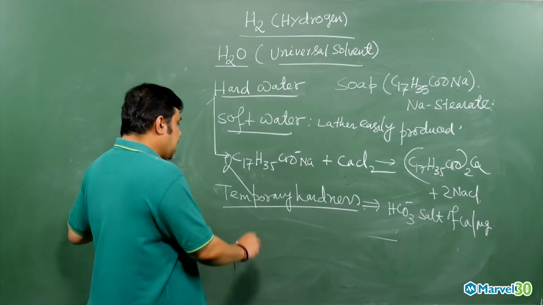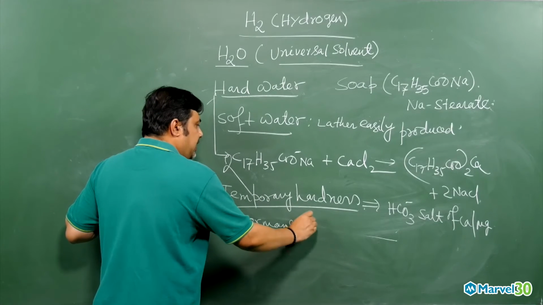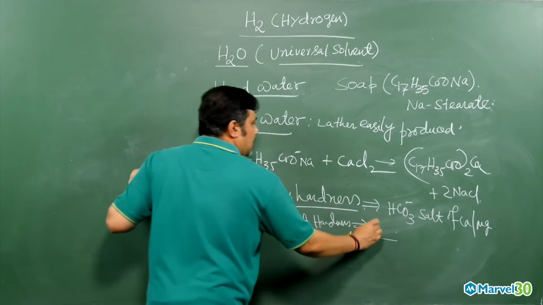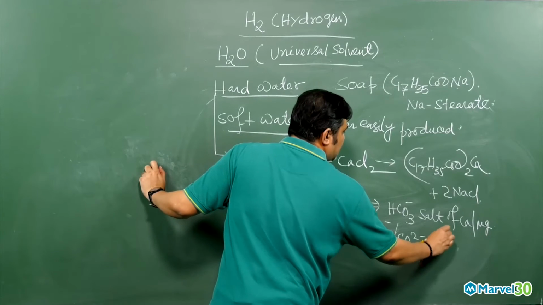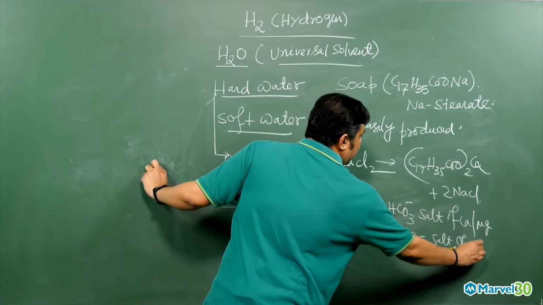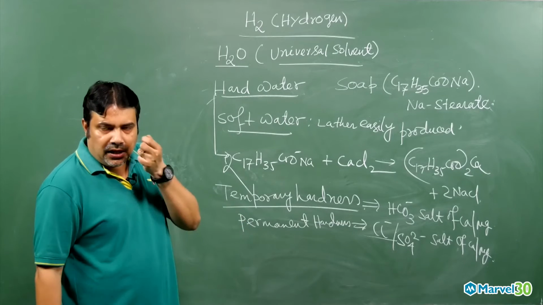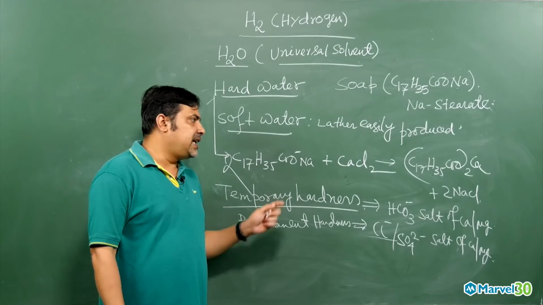And then permanent hardness is produced by chloride or sulfate salt of calcium or magnesium. And temporary hardness can be removed by different methods. What is that method? We will see that.